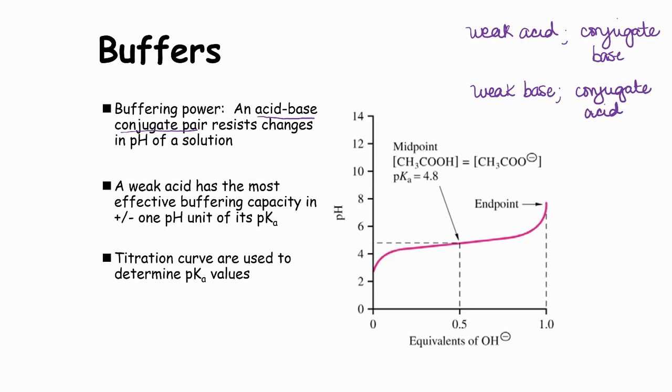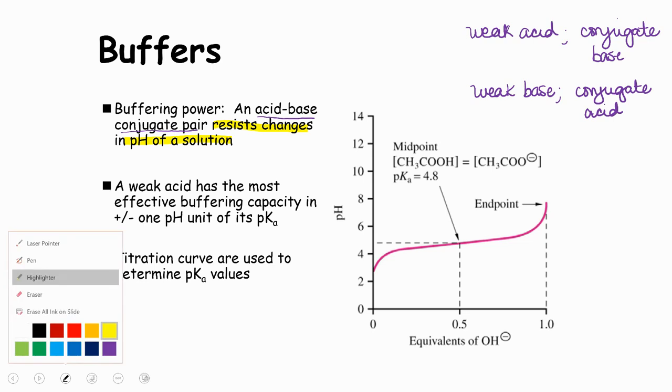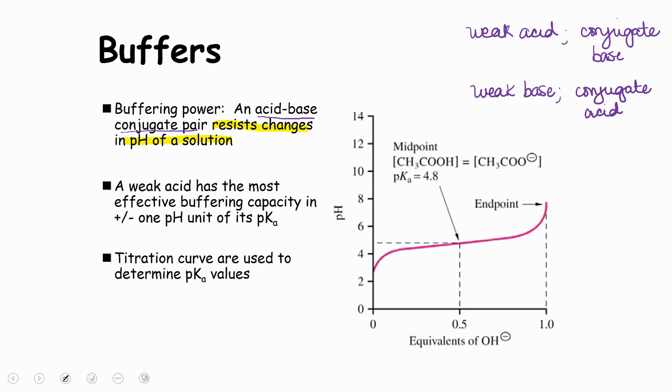The important part about buffers is that these are solutions that help resist changes in pH upon addition of a strong acid or base. So I'm going to add that in here. Upon addition of a small amount of H plus or a small amount of hydroxide.